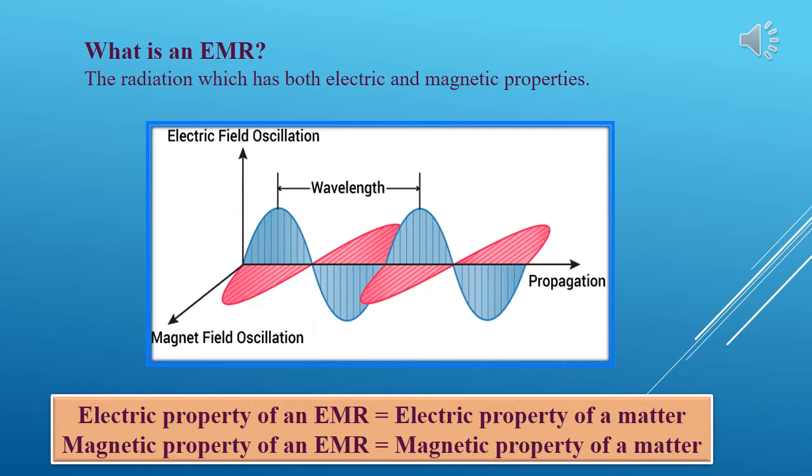While passing, it has two oscillations, due to the electric and magnetic properties of that wave. And both the waves are sine waves, perpendicular to each other. Perpendicular waves.